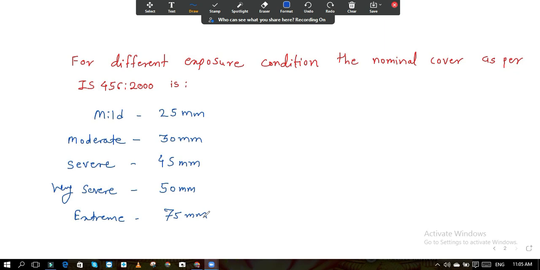Why do we provide the cover? Cover is provided first of all for the proper bond between concrete and steel, and the second thing is to protect the reinforcement against corrosion. So these are some important points.